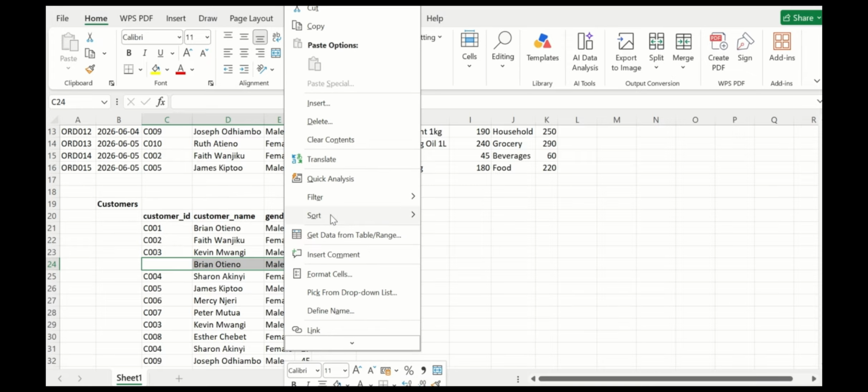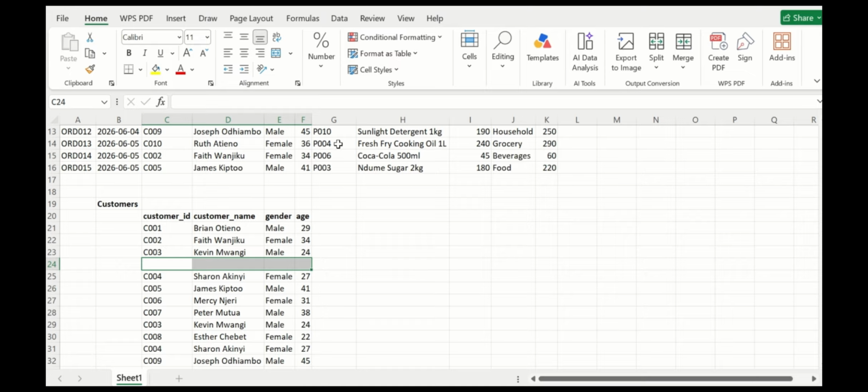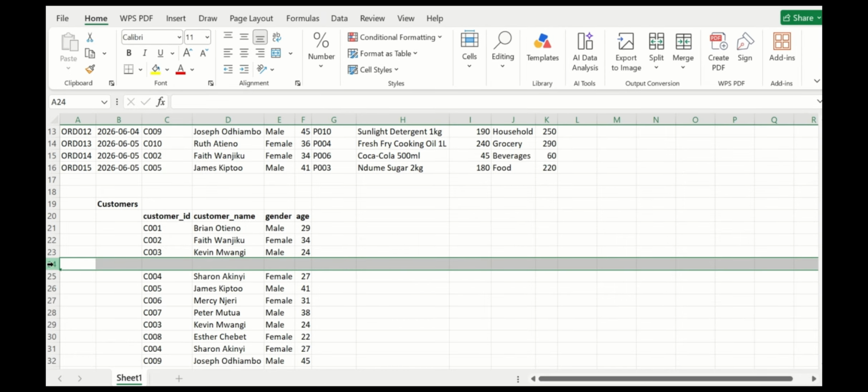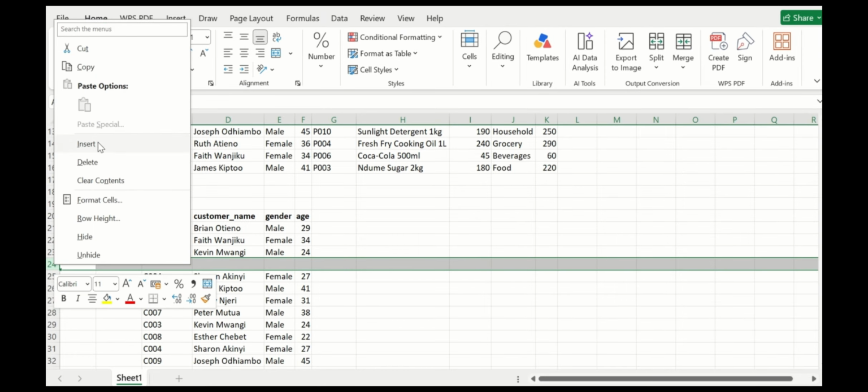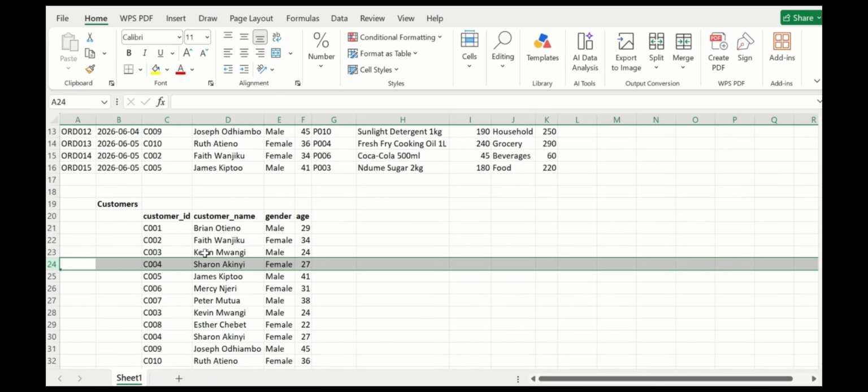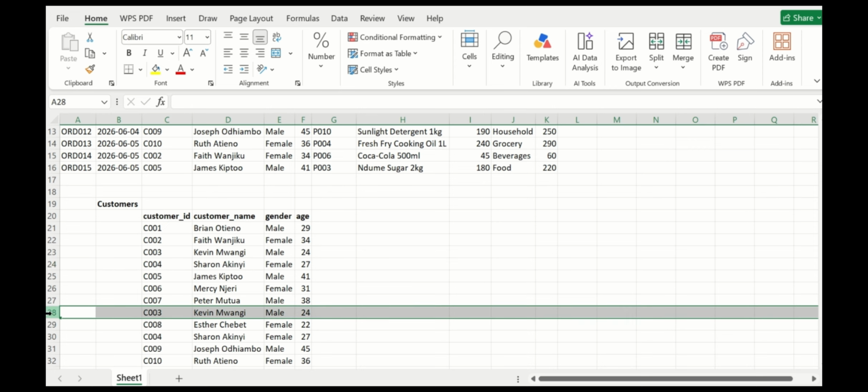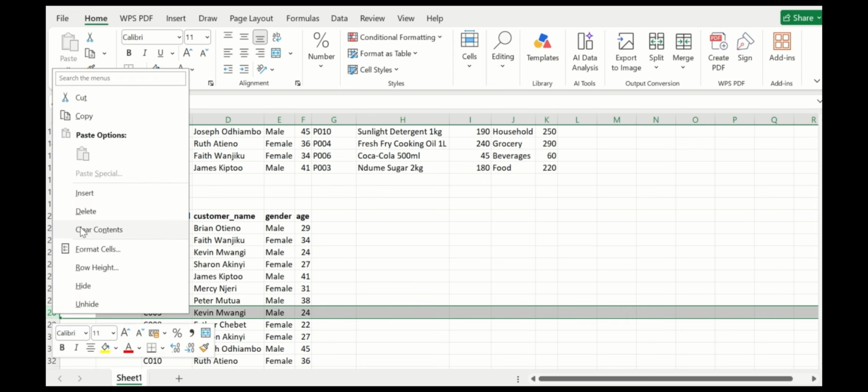Let's say, clear content. Let's just remove it. Yeah, and then also 3 here. This one also we'll have to remove.